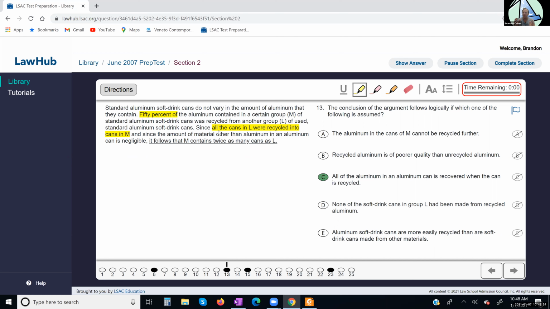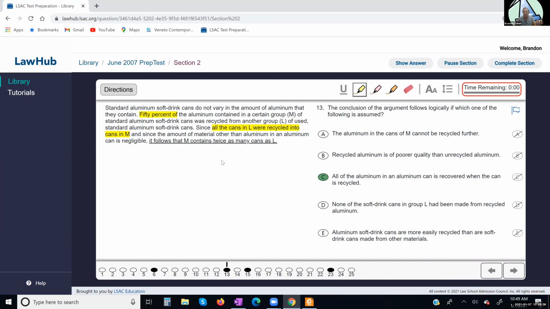If person L owned 10 cans and he gives all 10 of his to person M, and what they say is 50% of M's cans came from L. Well, if 10 cans from L make up 50% of M, we can do the little math that M then has double that number, 20 cans. 10 came from L, 10 came from not L. And that's the math of the twice as many.